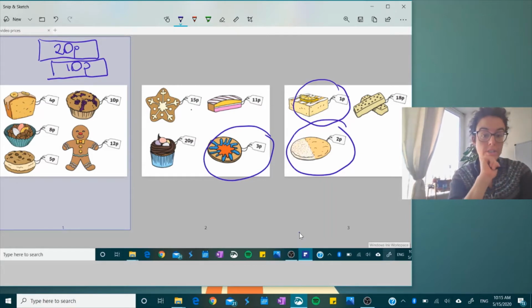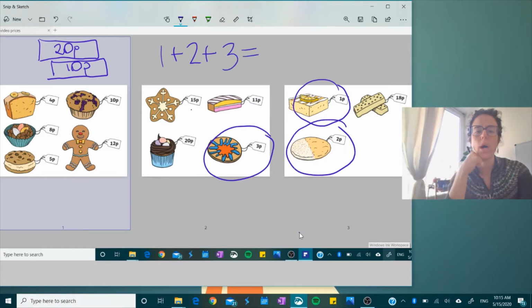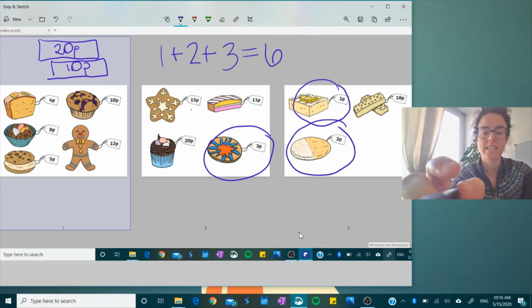So first, let's figure out how much money I need to pay. How much money is the total? We have 1 plus 2 plus 3. What is 1 plus 2 plus 3? That's right, it is 6. So I need to pay 6p.